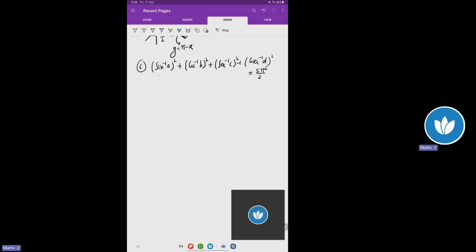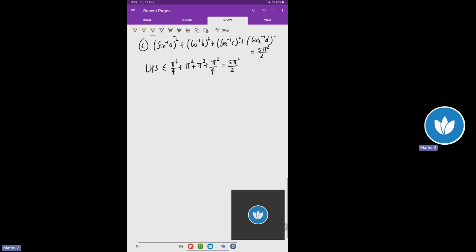If we see the upper boundary of the LHS, since the maximum value of sine inverse is pi by 2, we get pi square by 4. The maximum of cos inverse is pi, sec inverse is also pi, and cosec inverse is again pi by 2. So the maximum value of LHS is 5 pi square by 2. So LHS is actually attaining its maximum value.